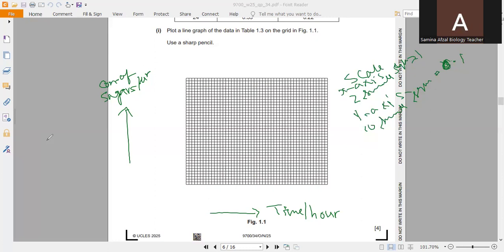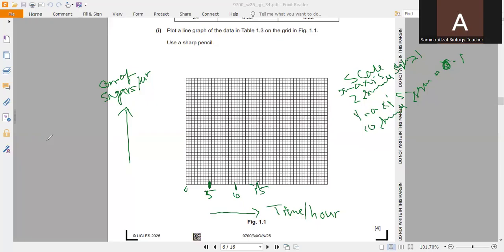The value which will start right from here is 0, and then 1 2 3 4 5 6 7 8 9 10. About 10 is 5, 0, 5, 10, 15. It is very difficult for me to draw, so be careful when you are drawing in your examination.